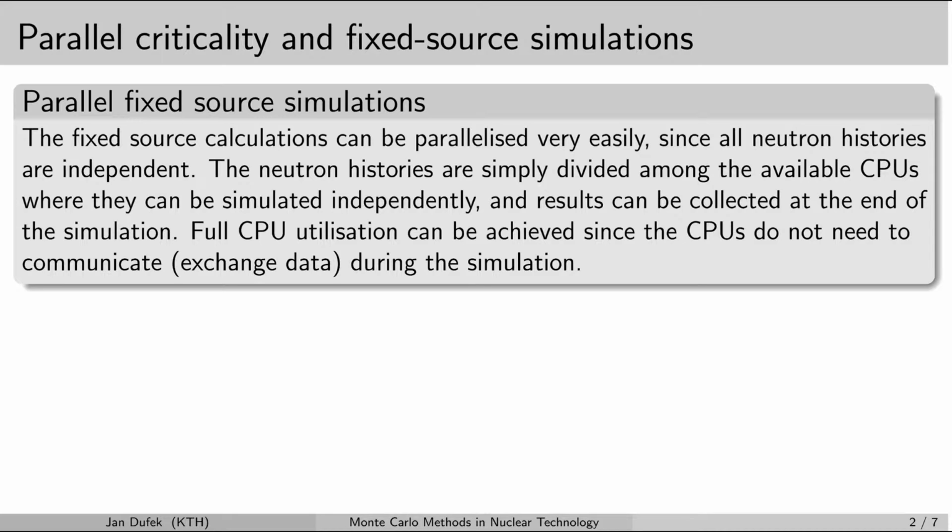There may be some other factors that may slow down the simulation. For instance, the data transfer between the random access memory and the processors may represent a bottleneck for your simulation, and that often happens for neutron transport simulation because there is constant transfer of the cross-sections between the random access memory and the CPU, because the neutrons are colliding all the time.